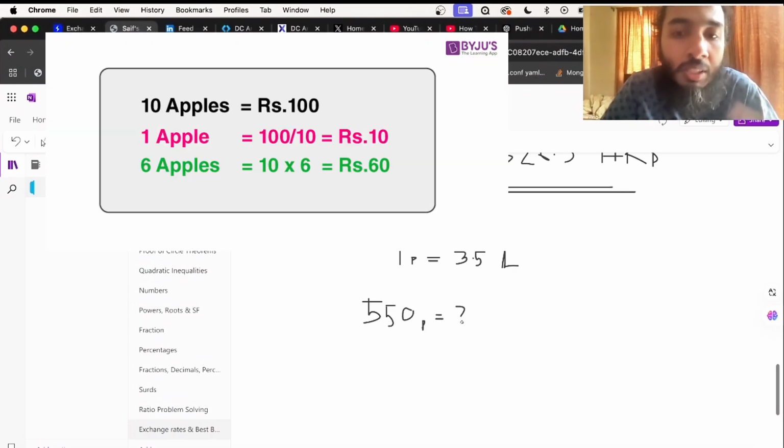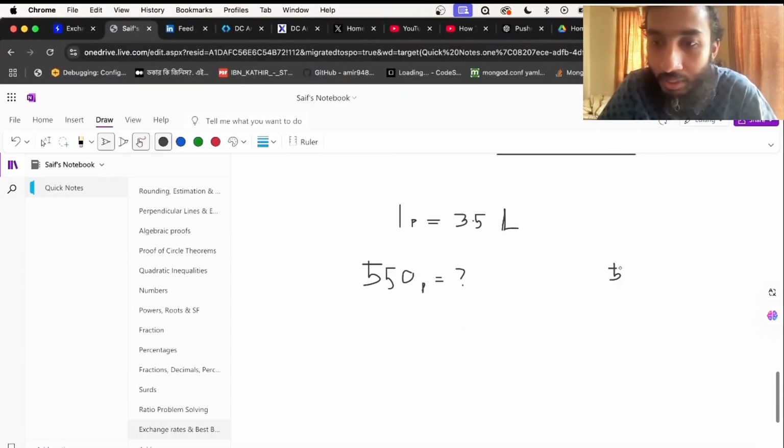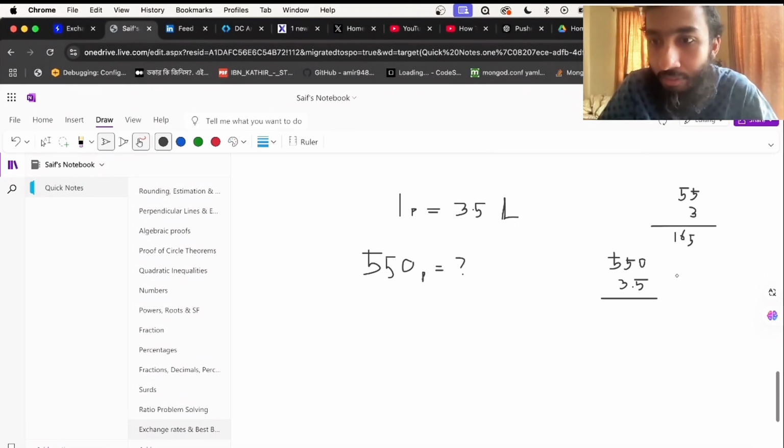If I use the unitary method, I'll get the answer. I want to calculate it by hand and not with a calculator, just to estimate the nearest value. So what is 550 multiplied by 3.5? Let's say 55 multiplied by 3 is what? 5 3s are 15 and 1, so it's 165.